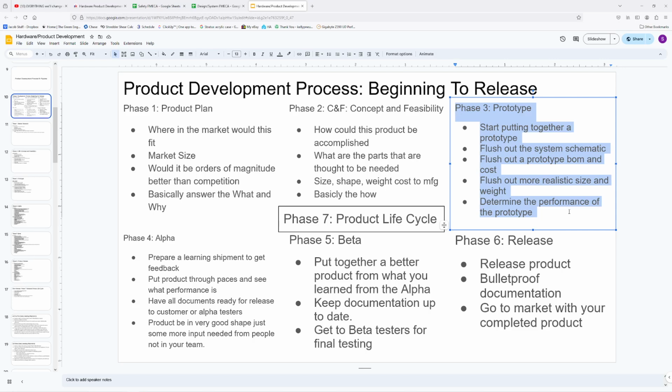And so that is not great, to ship a prototype. Even though they are familiar that it is a prototype, they expect it to be further along than it is.